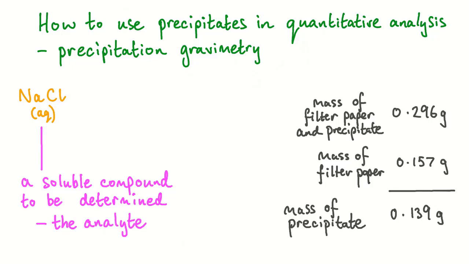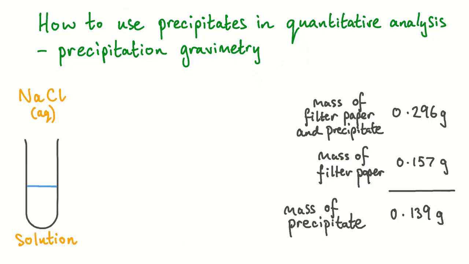In precipitation gravimetry, the analyte may be a soluble compound that is converted to an insoluble precipitate during the course of a simple reaction. As an example, we could take a solution of sodium chloride, which will be the analyte that is to be determined here.